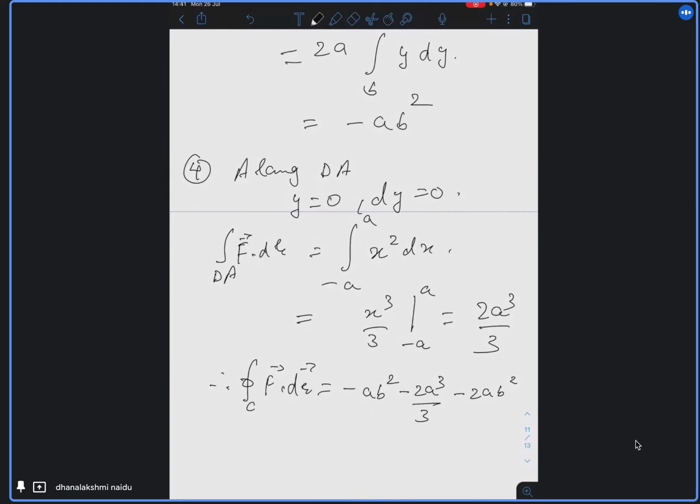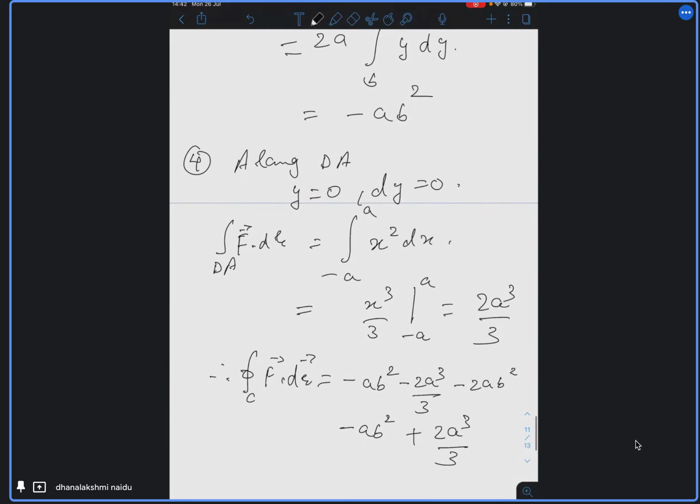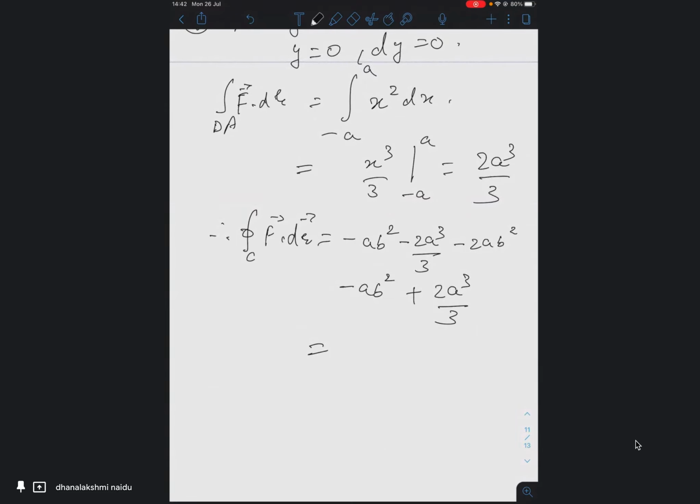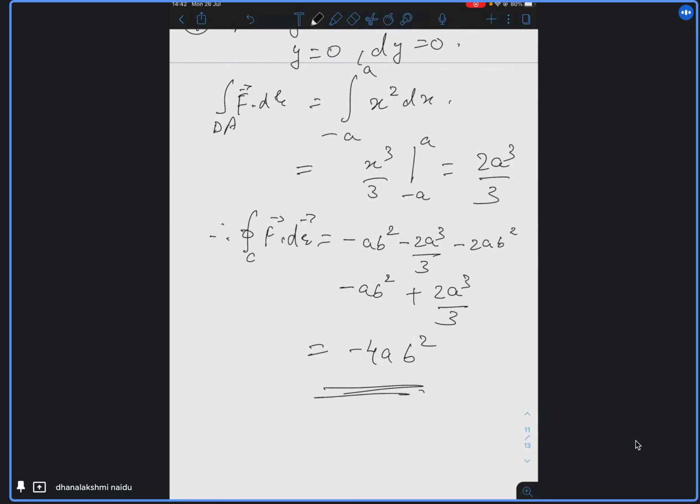Third one you got minus ab square. And fourth one 2a cube by 3. So on simplification, how much you got? Minus 4ab square. Is it the same answer what you have got by solving the surface integral? Yes, ma'am. So that's how verified.